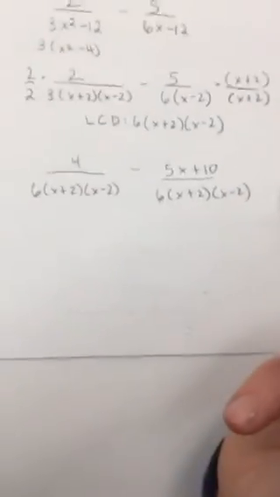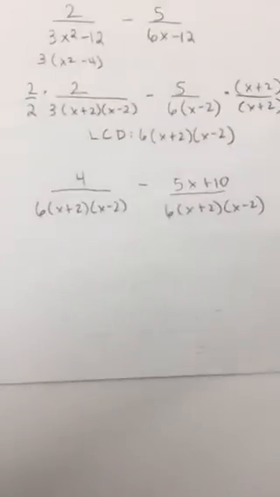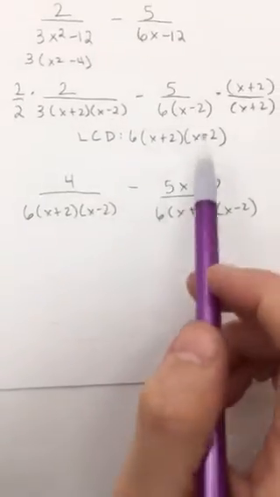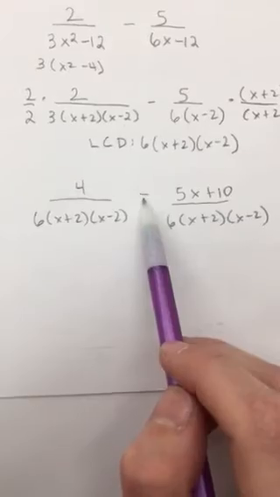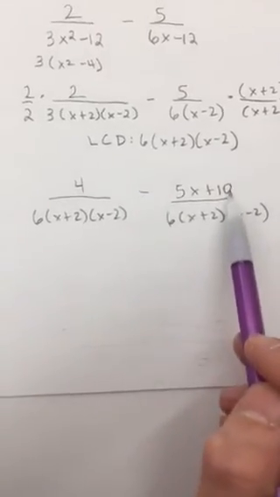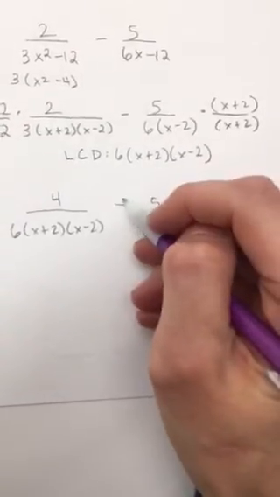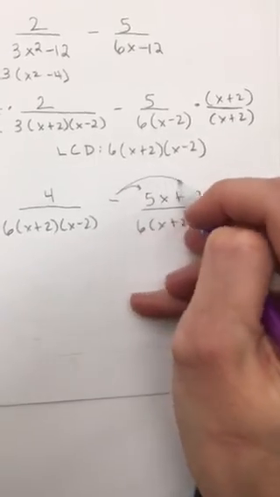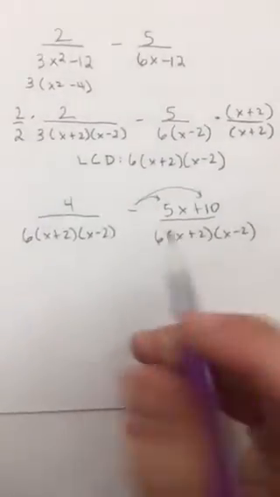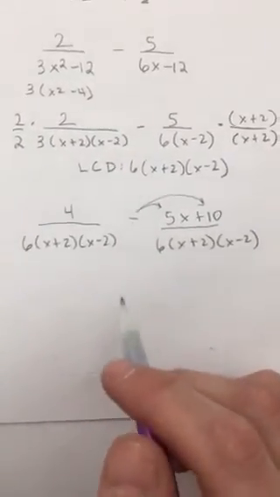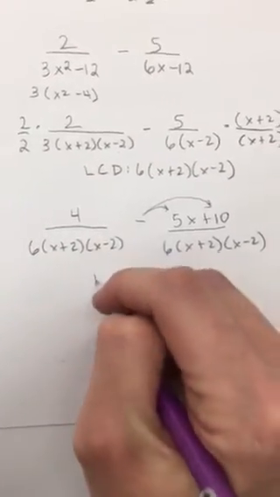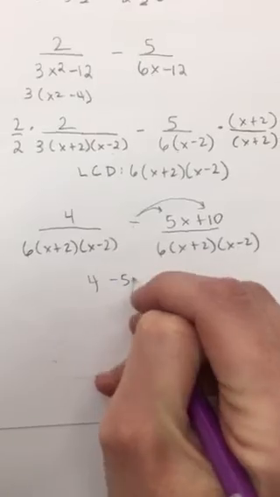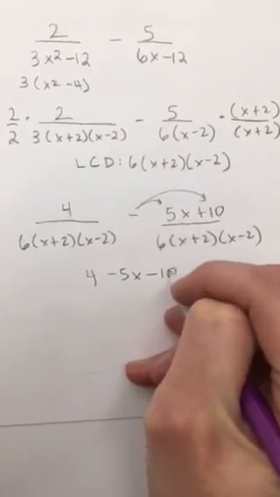Now, this is the one important part. As you go to simplify your numerators, notice how you're subtracting this expression. You need to make sure that you're subtracting both parts as you combine like terms. So I have a 4, a minus 5x, and a minus 10.